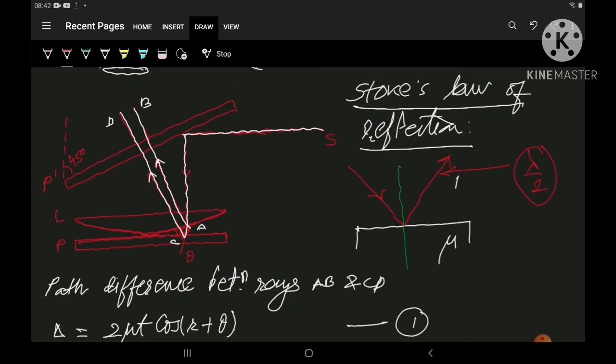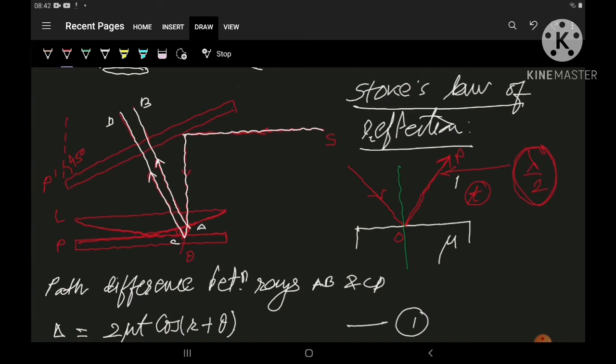It means that this reflected light ray, which is reflected from the denser surface, will lead ahead by a path difference of lambda by 2. Suppose from point O to P, time T is required to travel this distance.